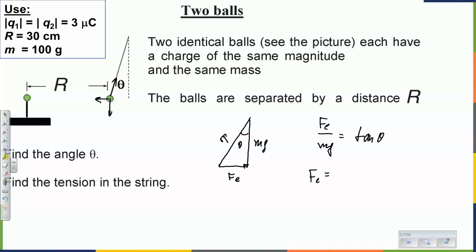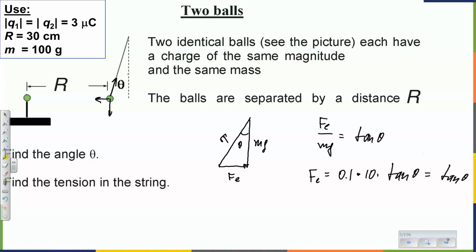That will give me electric force. 0.1 times 10 times tangent of this. Actually, no. Tangent of this. Okay, that's it. Two unknowns. Well, that means I gotta do something differently, and I know what to do.